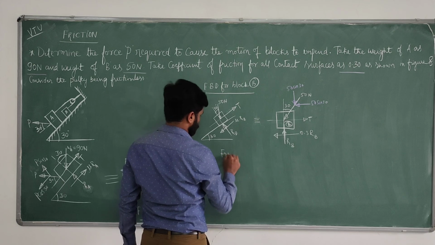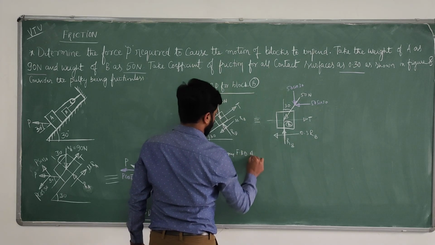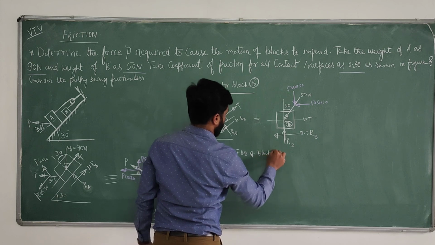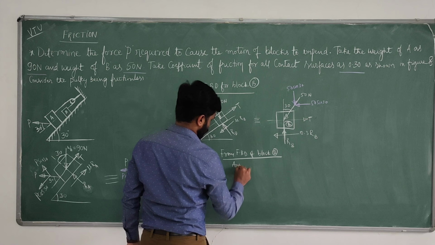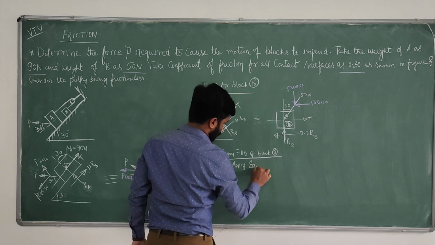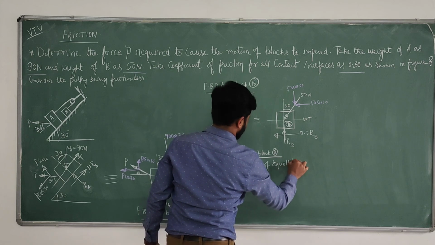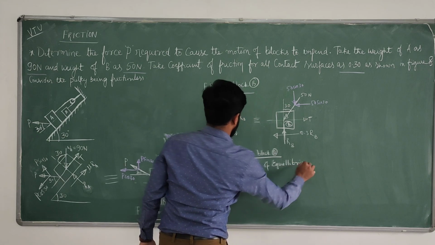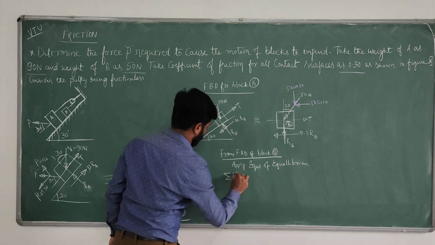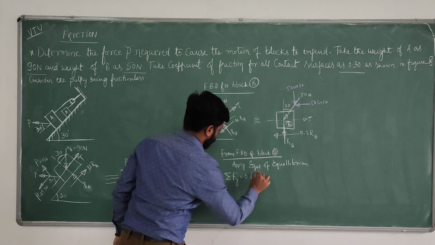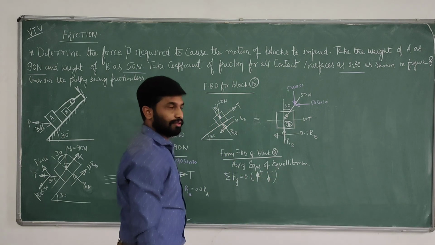So first consider block B. From the FBD of block B, apply the equations of equilibrium. First apply sigma Fy equals 0. For this, all upward forces are positive and all downward forces are negative.